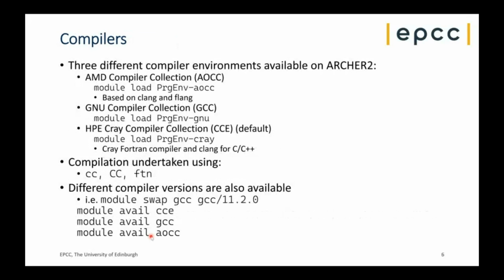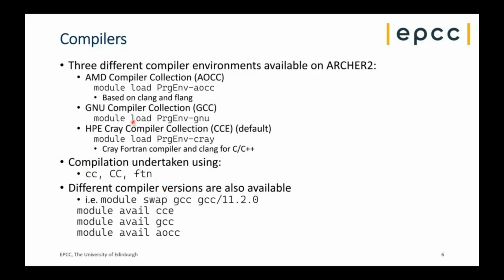There are 3 different compilers, the AMD compilers, the GNU compilers, and the Cray compilers. The way ARCHER2 is set up, actually you call them all in the same way. So if you want the C compiler, you use lowercase cc. If you want the C++ compiler, it's uppercase CC. And if you want the Fortran compiler, it's ftn. And that name doesn't change.